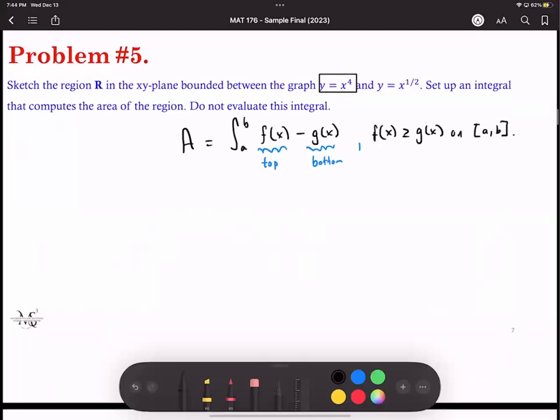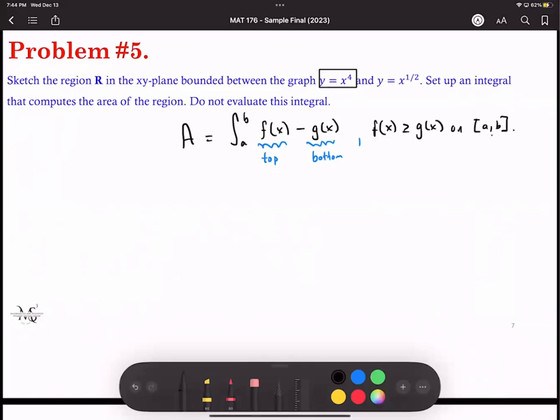So one of the first things that you have to do is find your a and b, which is basically the point of intersection, right? So to find the point of intersection, I would have to set the two equations equal to each other. Since it was given that y is equal to x to the fourth and y is equal to x to the 1/2, I can definitely set these equal to each other.